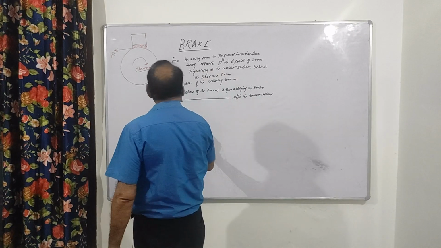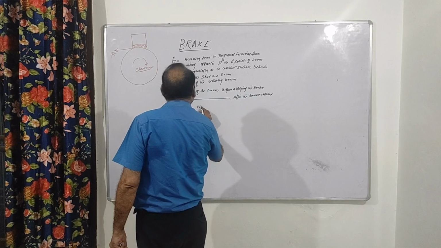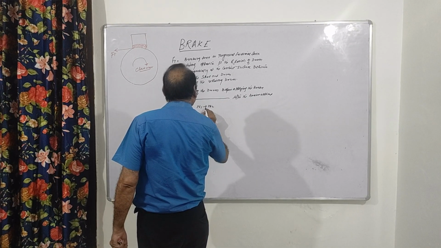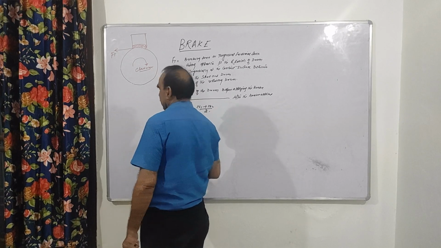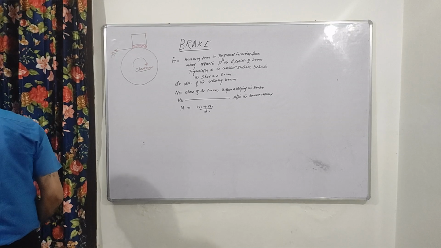If I say N is the mean speed, then what will N be? N is equal to (N1 + N2)/2, right?